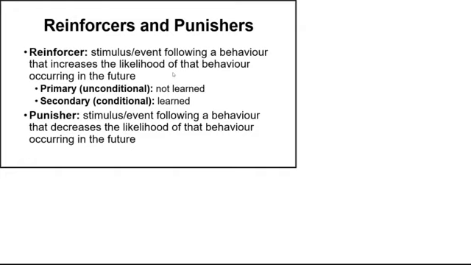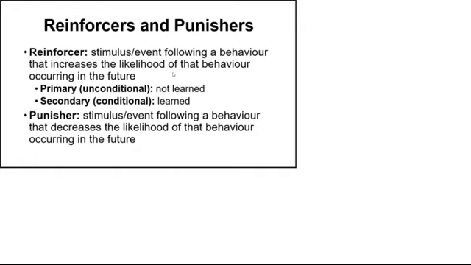And specifically, we could call food what's termed here a primary reinforcer. Kind of like when we were looking at our unconditioned and conditioned stimuli in classical conditioning, whether there was learning associated or not, same concept here. A primary reinforcer is something that we don't have to learn about.